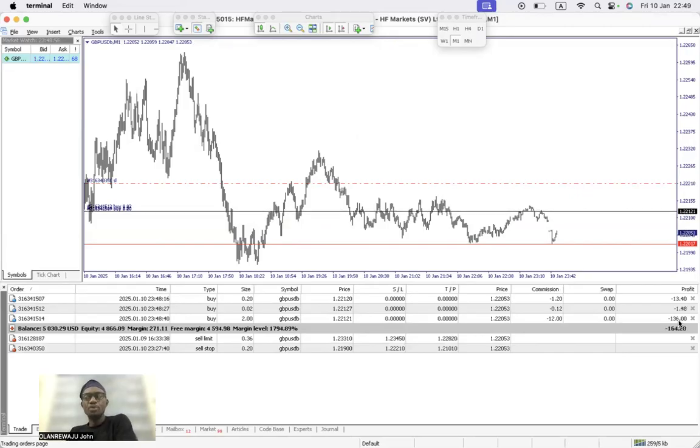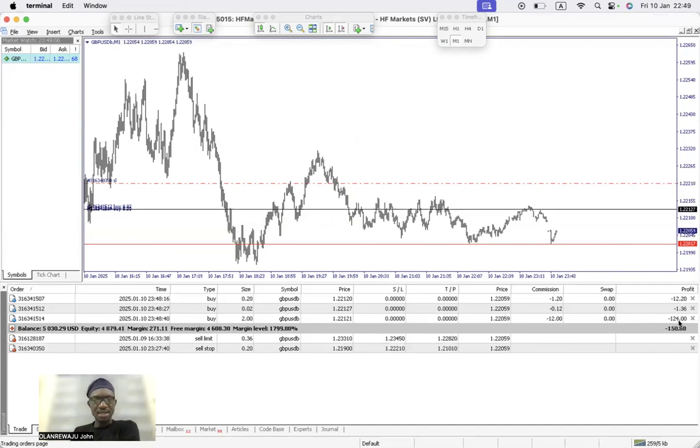For example, let's say I dropped a signal on the charts in the group chat. Someone took that trade and had a $15 profit. Somebody else took the same trade and had $30 profit. Same entry, same stop loss, same take profits.